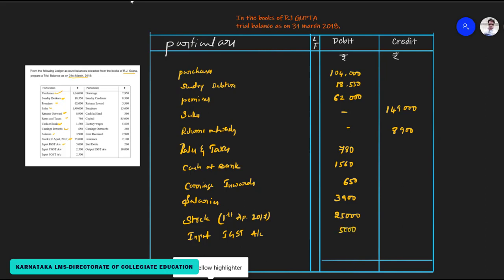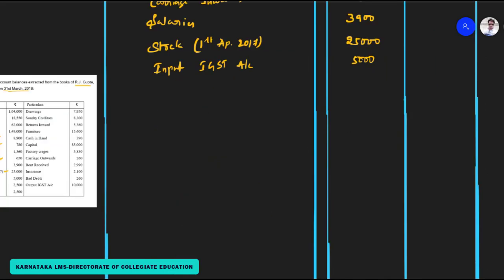And next thing is input CGST, so it is also on the debit side. Input CGST account, so on the debit side 2,500.